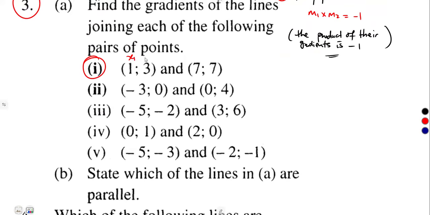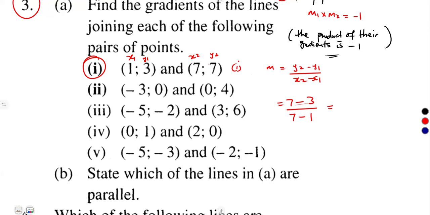So this is x1, y1, x2, y2. Remember our formula for the gradient. The gradient is simply the change in y over the change in x. So y2, 7, minus y1, which is 3, over x2, 7, minus x1, 1.